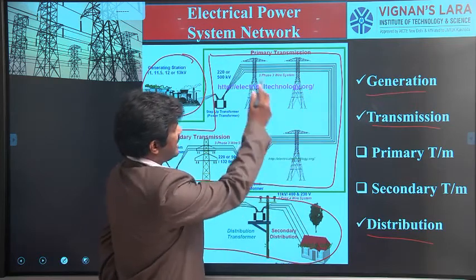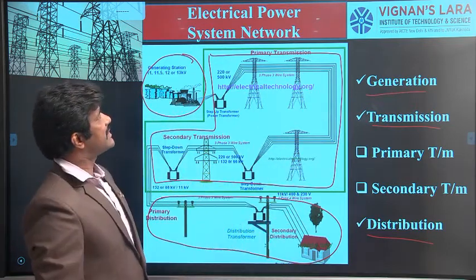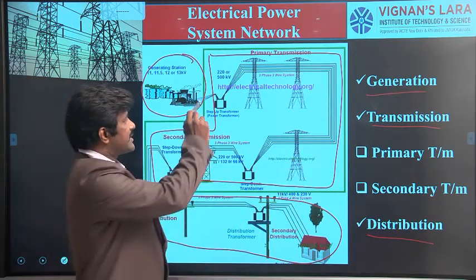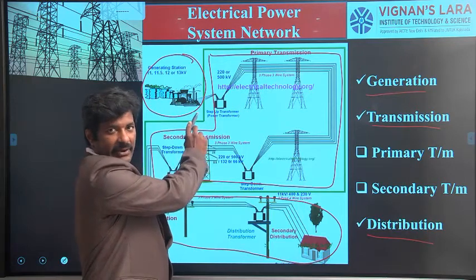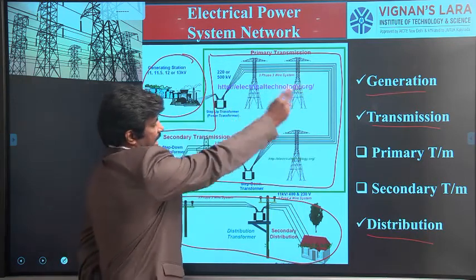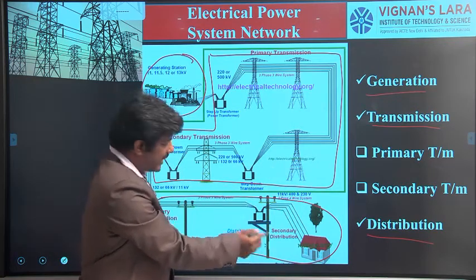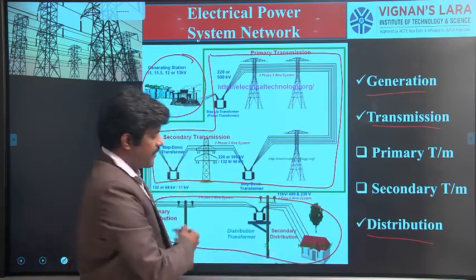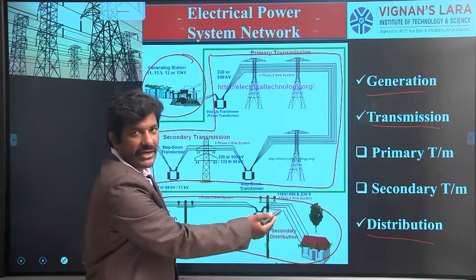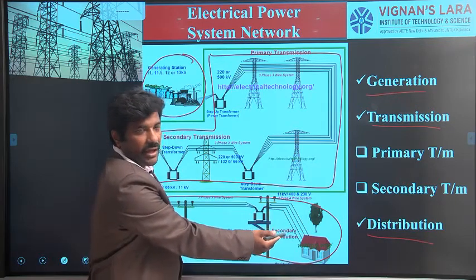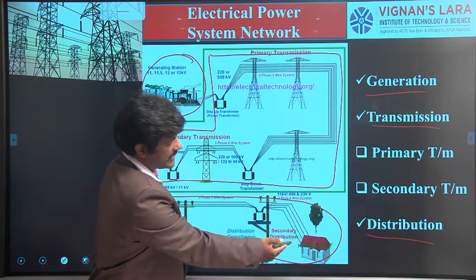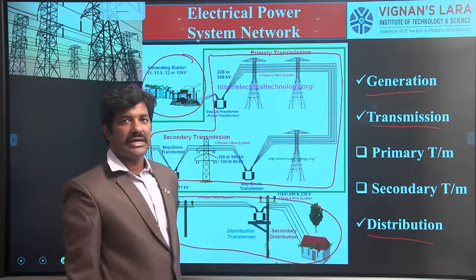So this is the entire layout of the electrical power system network. This is the generation, where the electrical power is generated. This is the transmission part, transmitting from the generating station to the utility point, and this is the distribution, where the electrical power is distributed at lower voltage levels to household purposes and also to the bulk consumers.